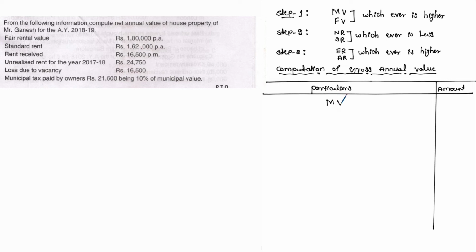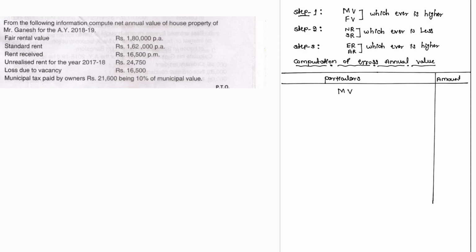Municipal value did not come directly, they gave it indirectly. So see the last sentence of the problem. Municipal tax paid by the owner rupees 21,600, being 10% of municipal value. So we have to identify municipal value.